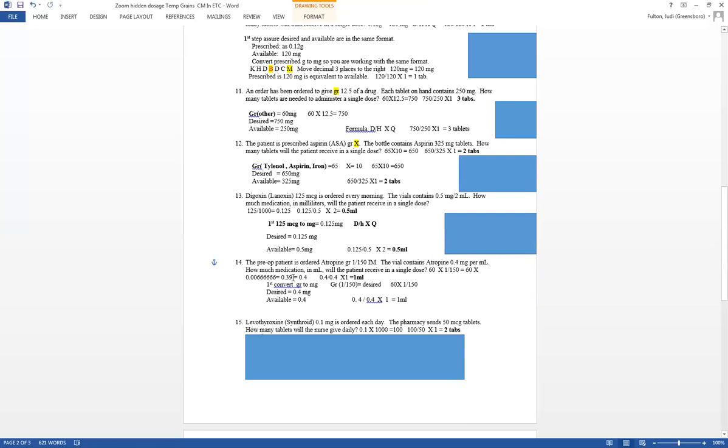It ends up being 0.4 milligrams. My desired is 0.4. My available is 0.4. So it's 0.4 mil. My quantity is 1. So I end up giving 1 milliliter per single dose.